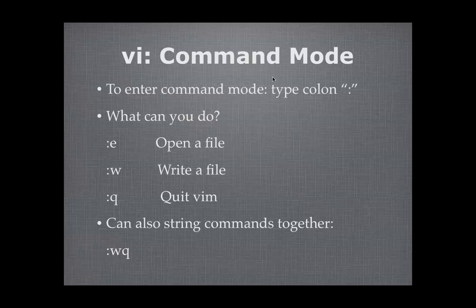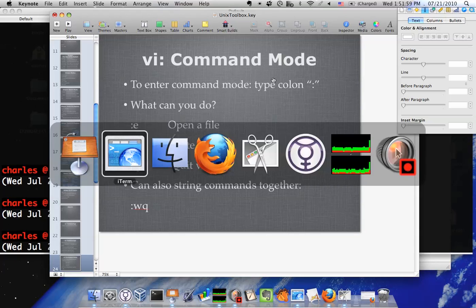So this is this whole idea that until you save a file, it's just on a scratch buffer. So if I type colon W, that writes those changes to the disk. If I type colon Q, that means quit. And I can also string these commands together and make things like colon WQ. So just to give you an example.